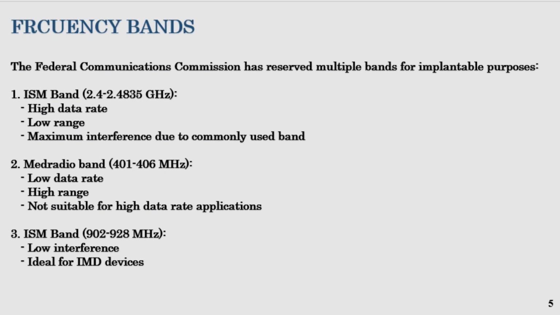For instance, in the case of implants designed for therapy monitoring, which require the least real-time communications, this band is characterized by a very interesting range, unlike the ISM band, which is normal because the wavelength is proportional to the frequency. The last example is the ISM band, which exhibits low interference and is ideal for implantable medical devices.